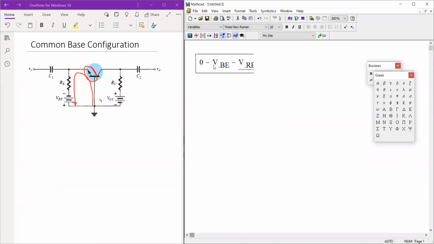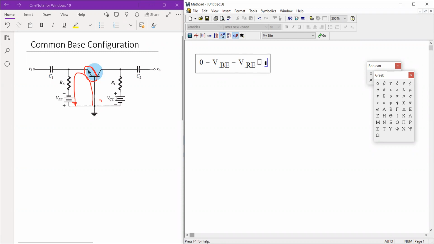Again, VRE, the voltage across RE, is not necessarily the same with VE, especially in this case. So we will also have VEE.